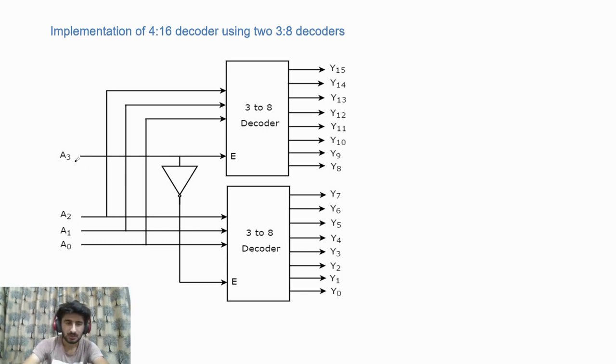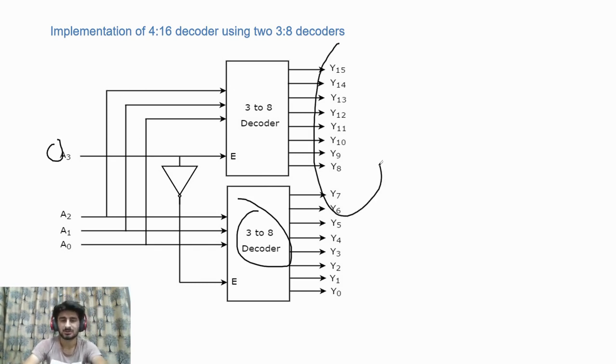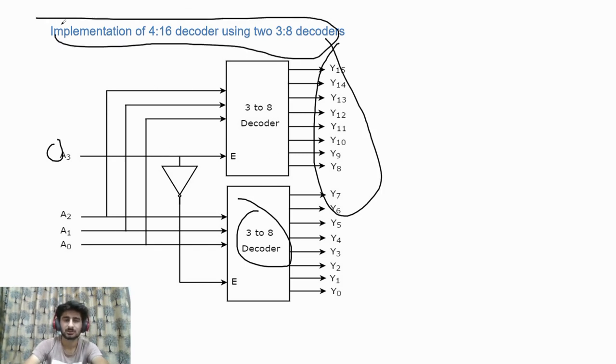So if A3 is 0, the upper decoder will be active, and the decoder below will be inactive. Depending upon the input, the output will be displayed. In this way, we can implement the 4 to 16 decoder using two 3 to 8 decoders.